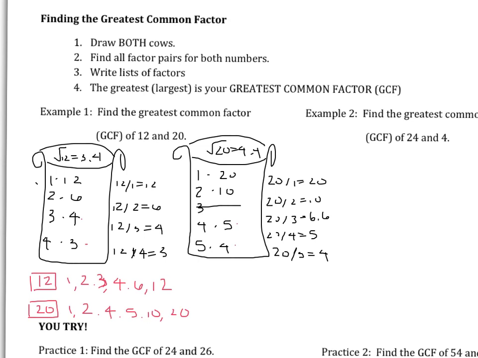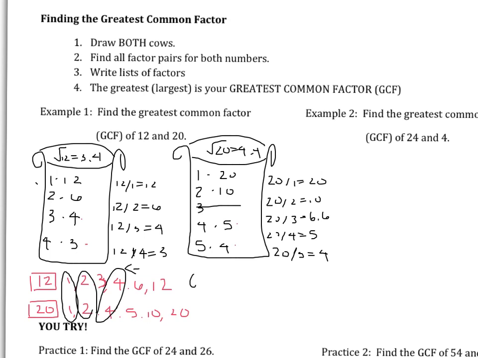Now, we're looking for the greatest common factor. What that means is we're looking for a factor that both 12 and 20 have in common. So I'm going to circle all the numbers they have in common. They have a 1 in common, a 2, a 4, and that's it. Now, the GCF is going to be the biggest number they have in common, and I'm looking, and 4 is our biggest number.